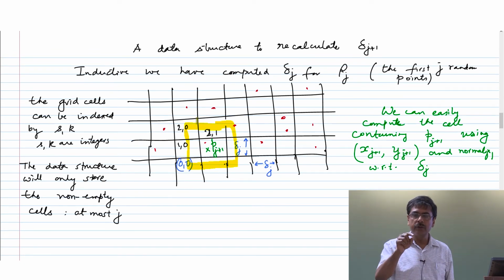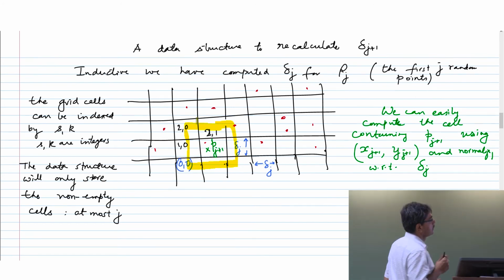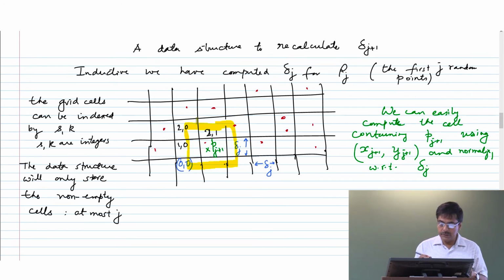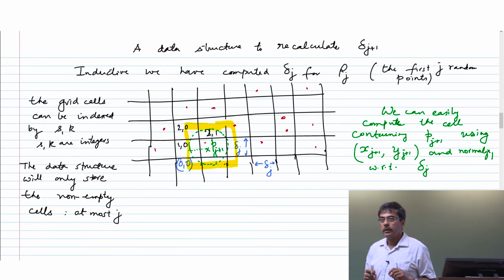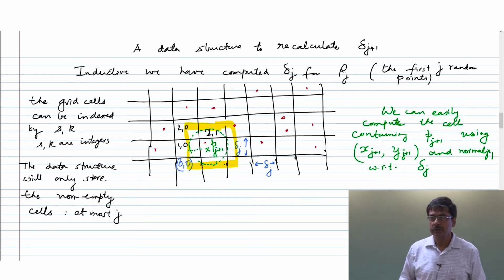You rightly said, if I draw a radius delta j disk around Pj, let's use green, a disk like this of radius delta j, only points within this region will be closer, right?